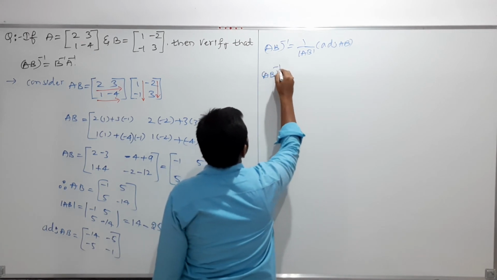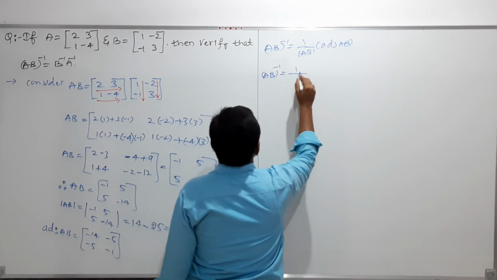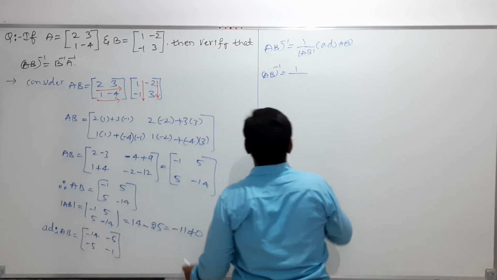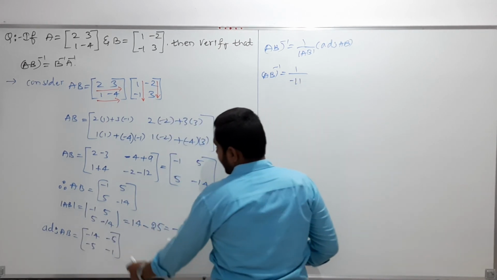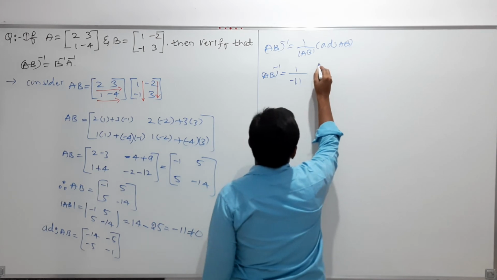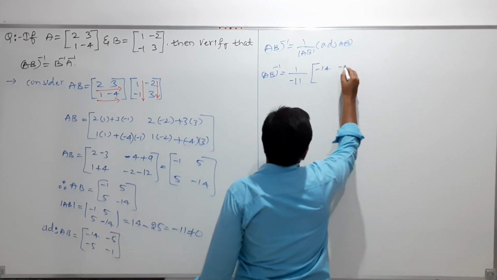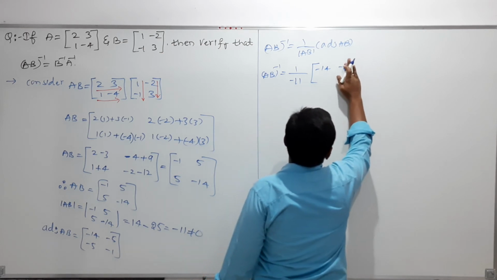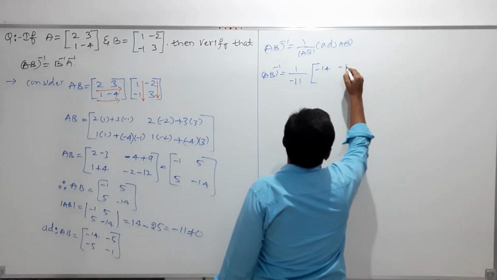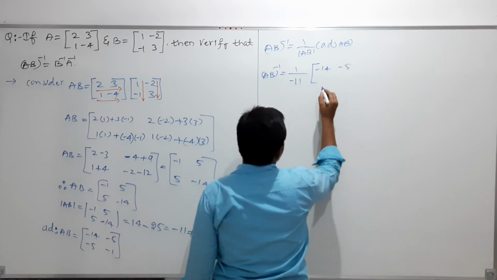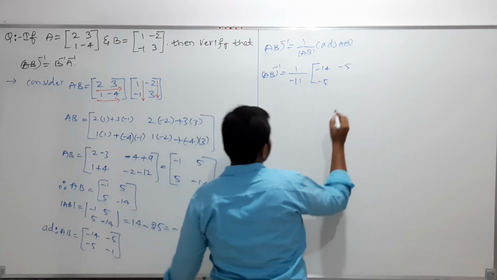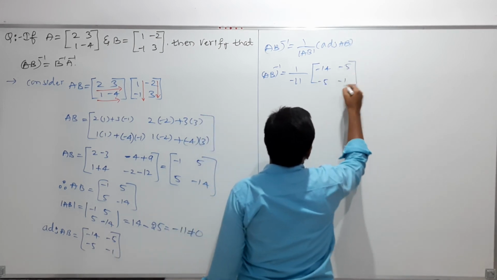So (AB) inverse is equal to 1 divided by the determinant of AB, which is minus 11, times the adjoint of AB, which is [[-14, -5], [-5, -1]].